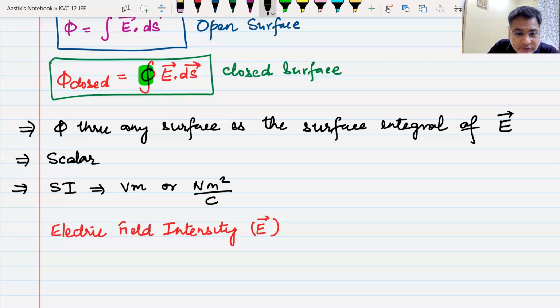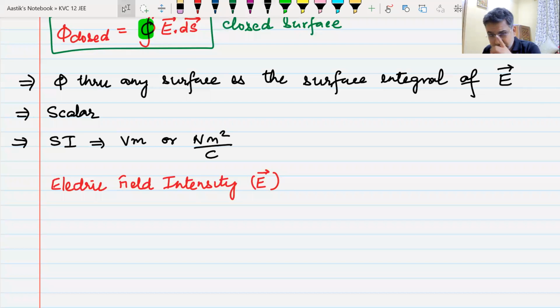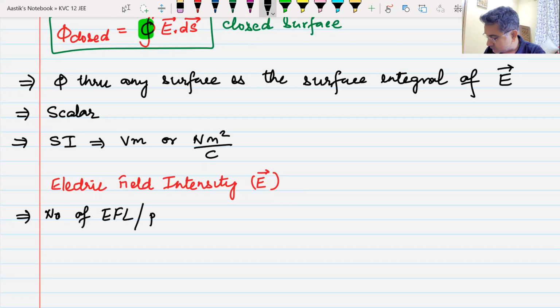It is the number of electric field lines passing per unit area.